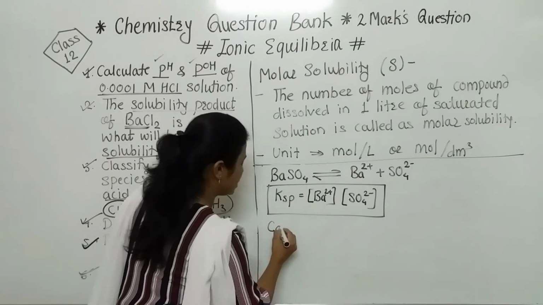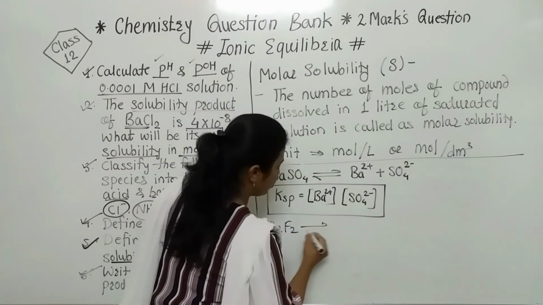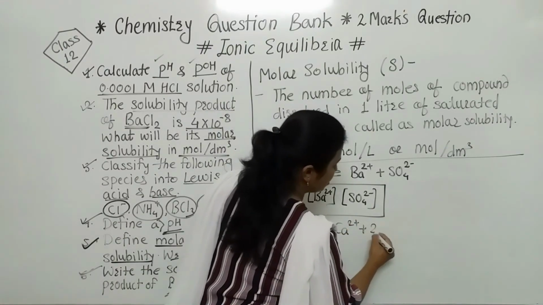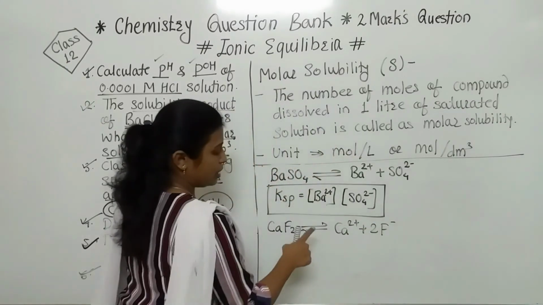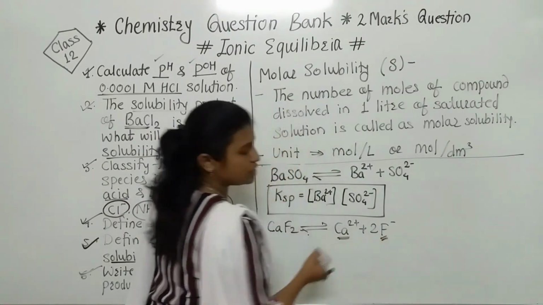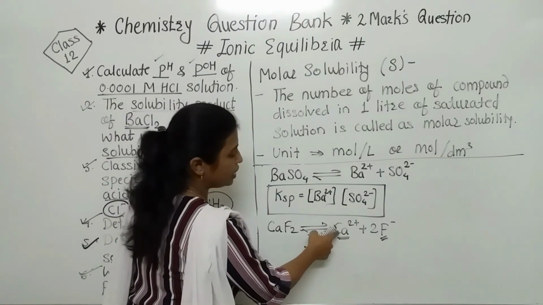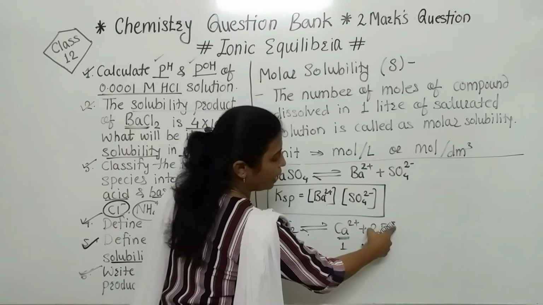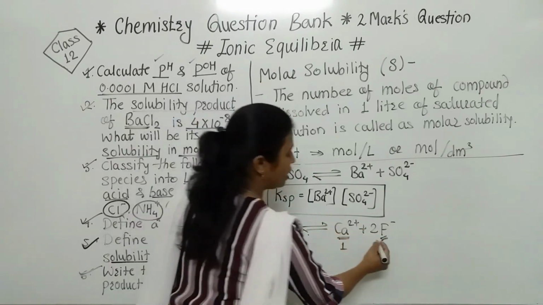Next one is CaF2. Firstly we have to write its ionization: Ca2 plus and 2F minus. Now see which is the cation. Ca2 plus is the cation, F minus is the anion. How many Ca2 plus are formed? Only 1. F minus is the anion. How many are there? There are 2.